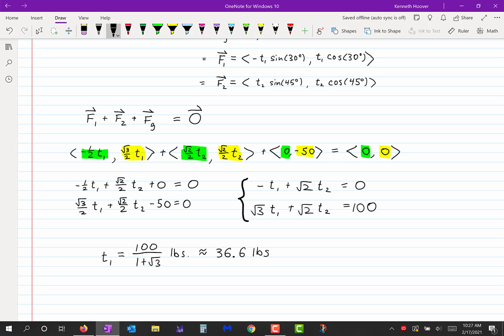And for T2, I got 50 root 2 over 1 plus root 3 pounds. And that's approximately 25.88 pounds.